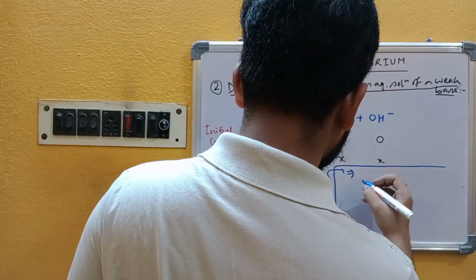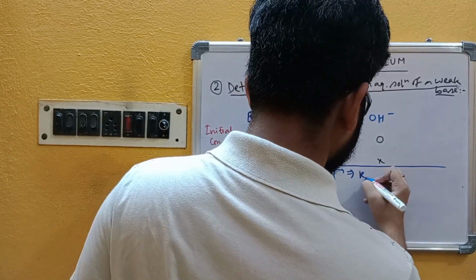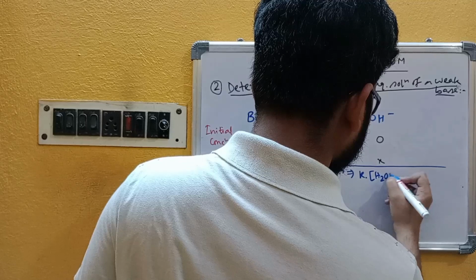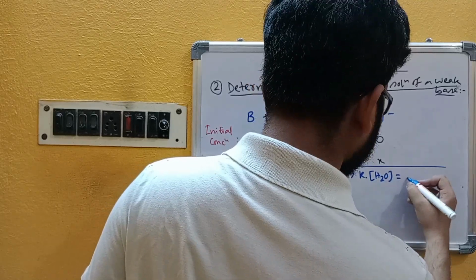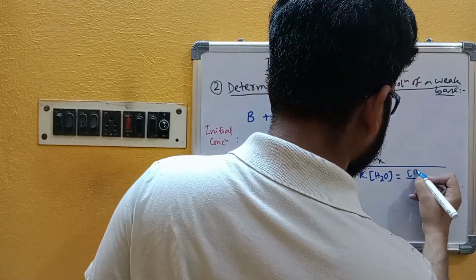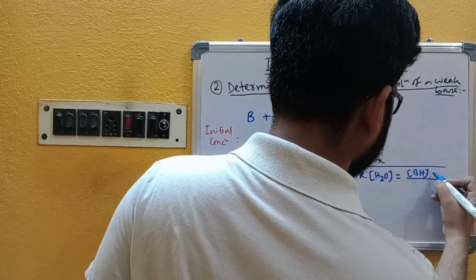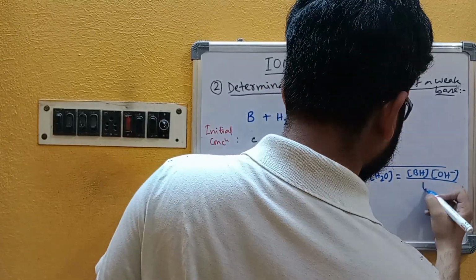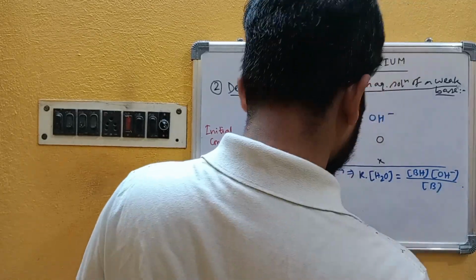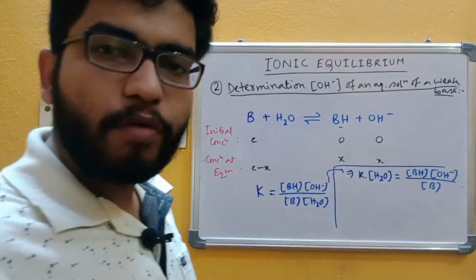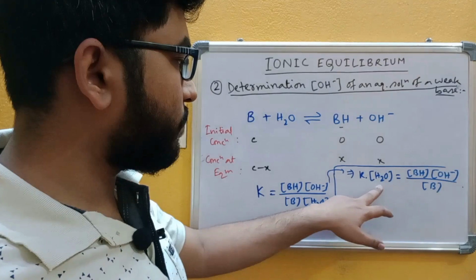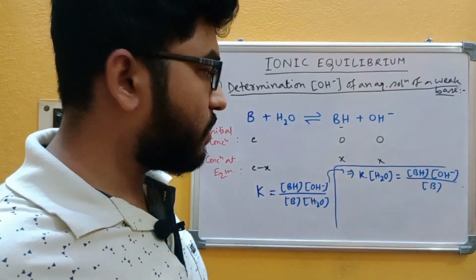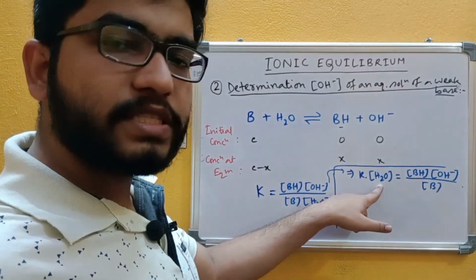So we write K into the concentration of H2O is equal to [BH+][OH-] upon [B]. According to the law of mass action, the active mass of H2O will be 1 because H2O is in pure liquid state.